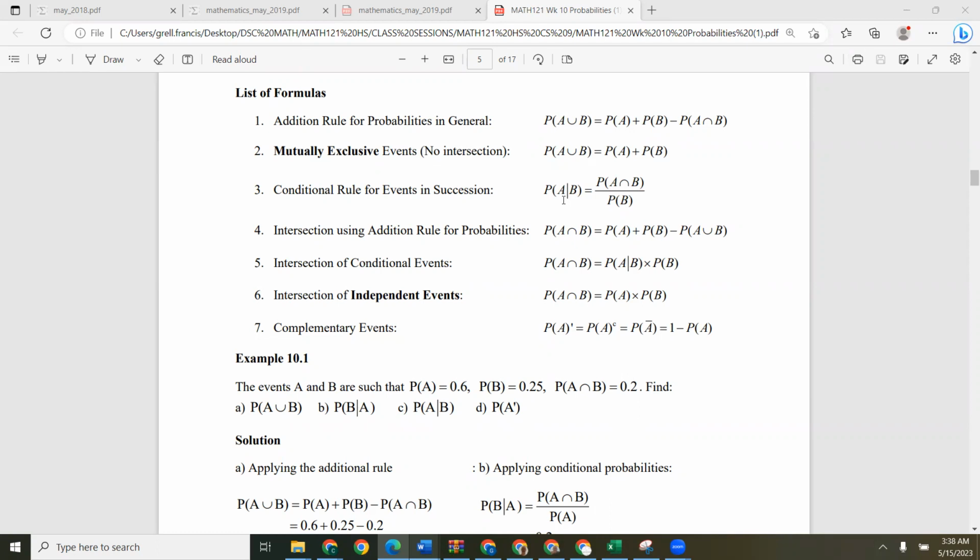P of A given B is P of A intersect B divided by P of B, bearing in mind that the condition, the one that occurred first, goes in the denominator, because this is the conditional rule for events in succession, one after the other. So B occurred first, so B is the condition and has to go in the denominator, and the intersection comes on top.